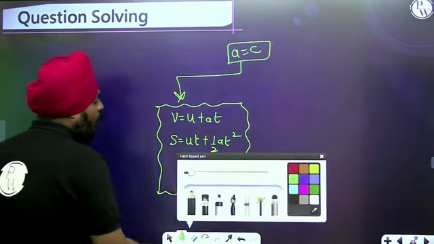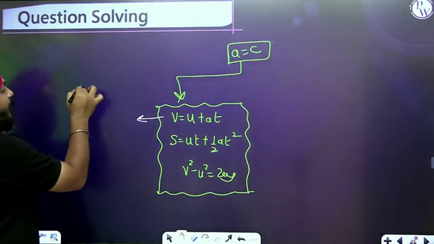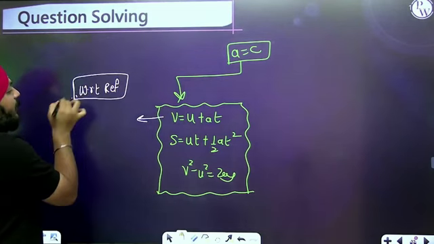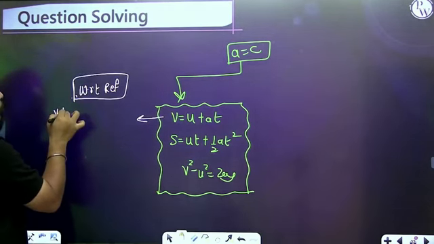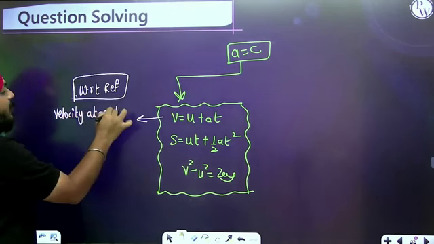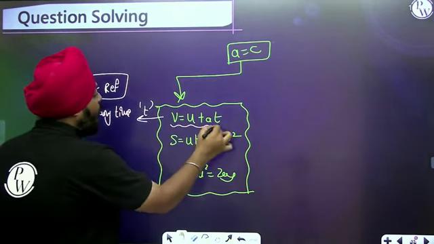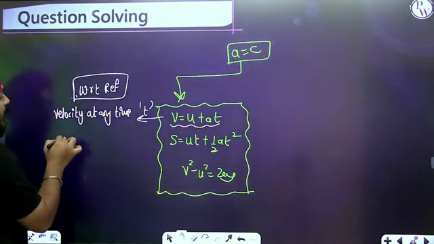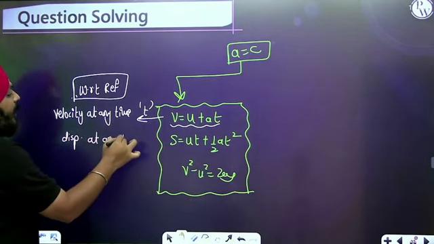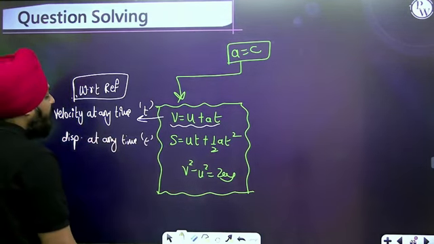Everything is going on with respect to the reference point. If you want to calculate velocity at any time instance, you can use the first equation. The second gives displacement with respect to the reference point at any time instance, or in between two time intervals.